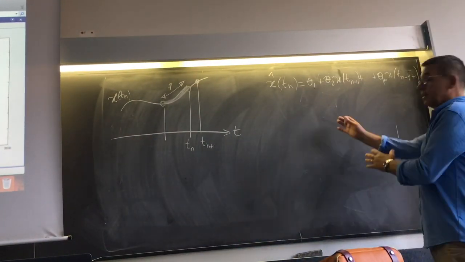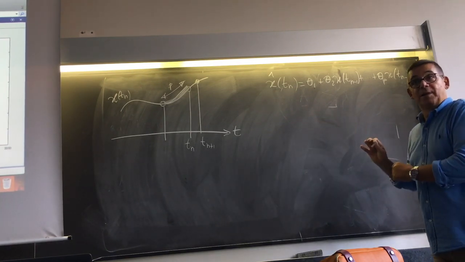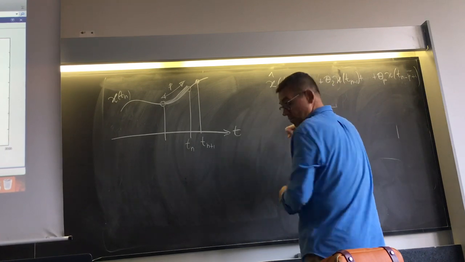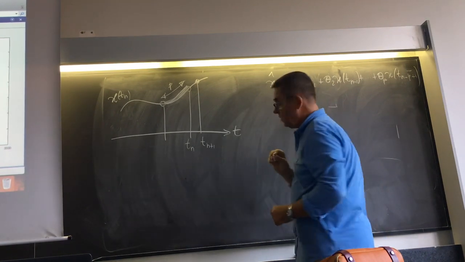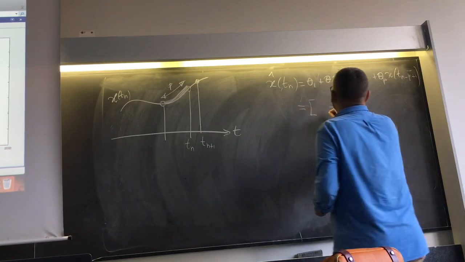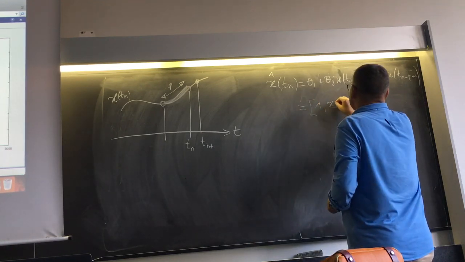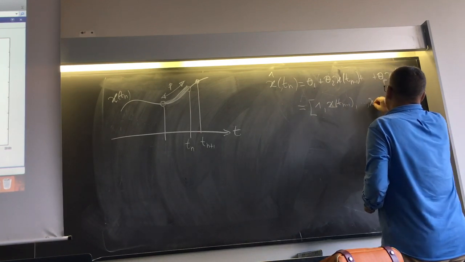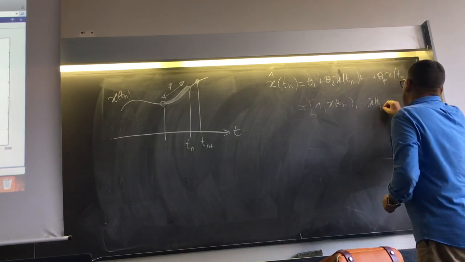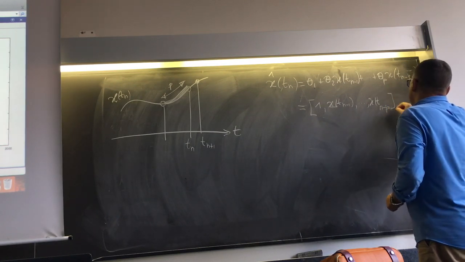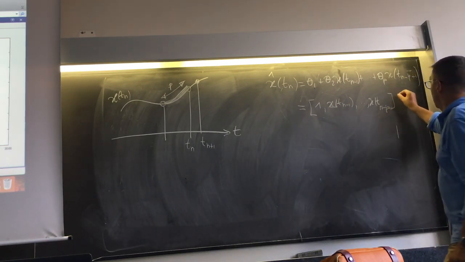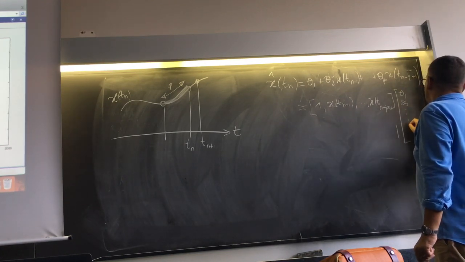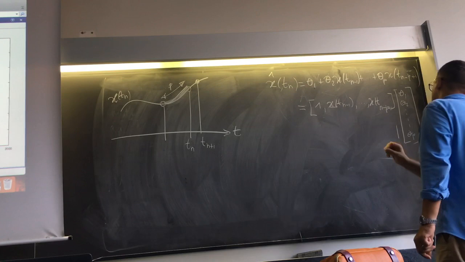Now, rather than writing this way, I write it in matrix form. I write a vector with 1, x at tn minus 1, and so on up to x at tn minus p plus 1, and then a vector with theta 1, theta 2, and so on.